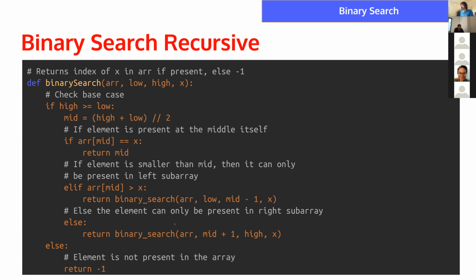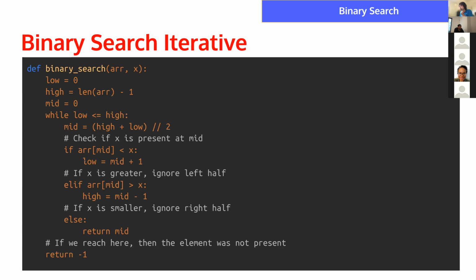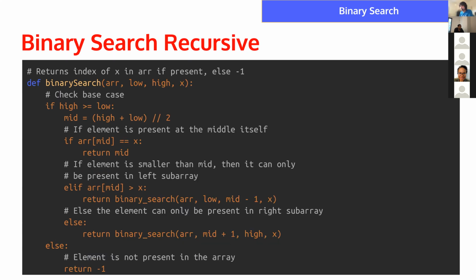And similarly down here, if the element is on the right side, then we replace the low with mid + 1. So these algorithms are exactly the same. The only difference is that over here, we're changing the high and low in what we pass into the function, versus over here, we're changing the variables in line in the while loop itself. So this just gives you a recursive version of this. Does this make sense? Any questions about how the recursion works or how this looks?